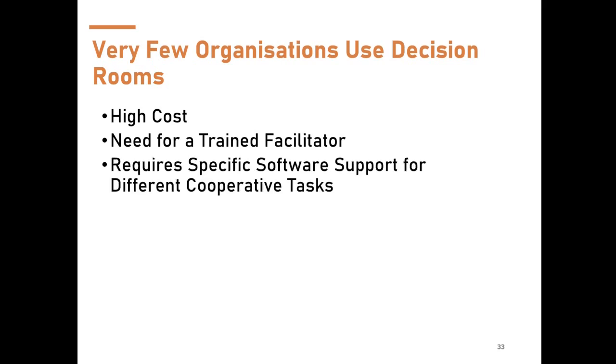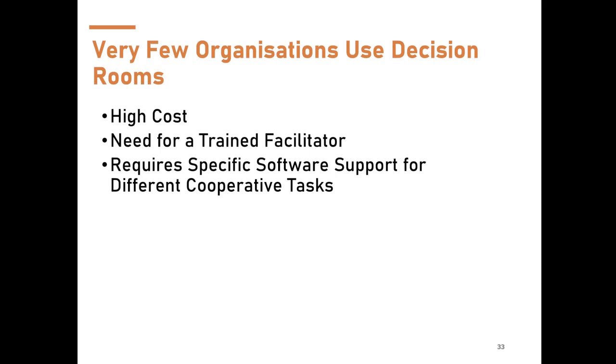Another reason is decision rooms require specific software support for different cooperative tasks. And so economy of scale is not possible. Decision rooms often need software tools to support various cooperative tasks.